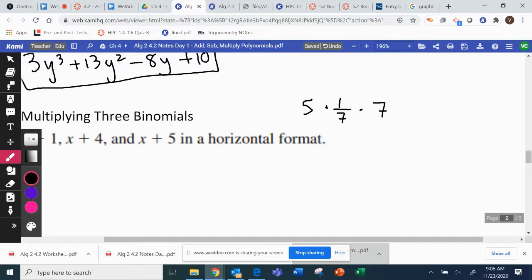Fifth grade math, help me out. Sophie, you know what it is? You put a 1 on the bottom. Of what? Like 5 and 7.